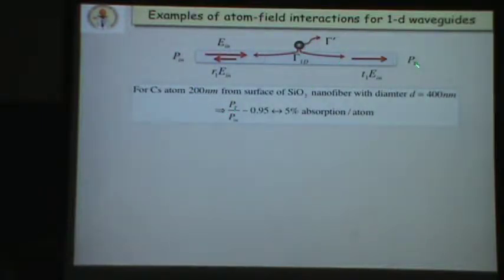Then, comparing transmitted light to input light, you can have 5% absorption. So 95% goes through, 5% is absorbed. That means the amount reflected is very small, a few percent. But nonetheless, you can see the bump from the impedance of the atom.